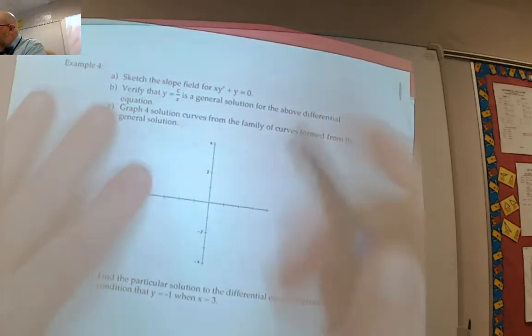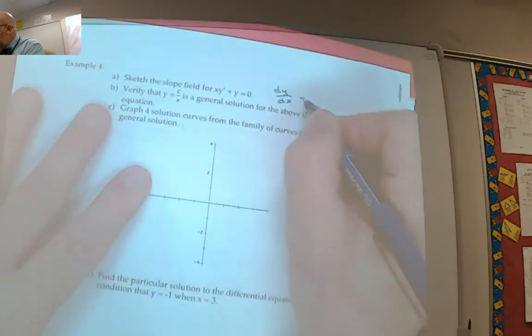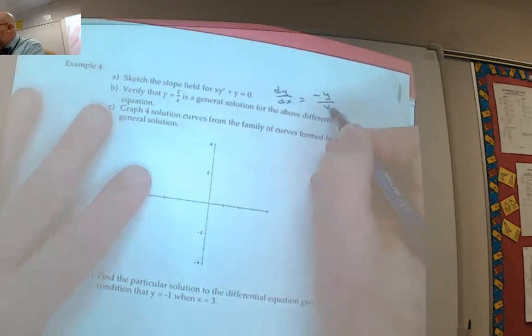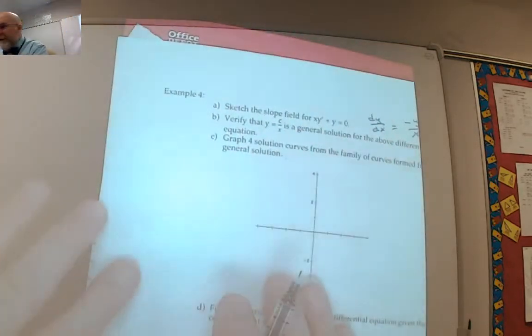And do you see where I get this? That dy dx is equal to a negative y over x. Are you okay with that? I just subtract the y and divide by x. I'm going to verify it here on the side in the margin.